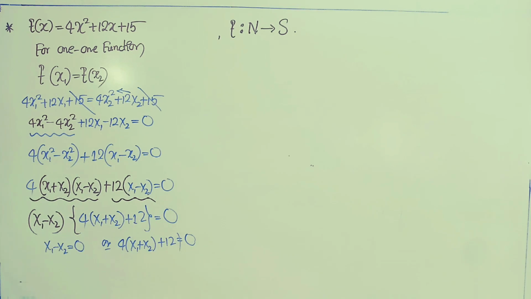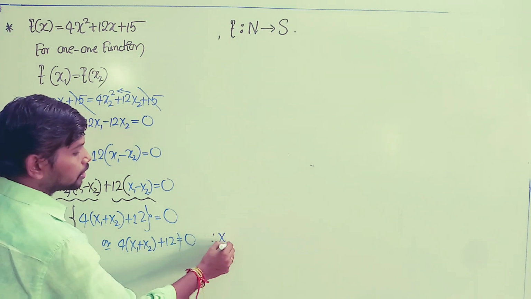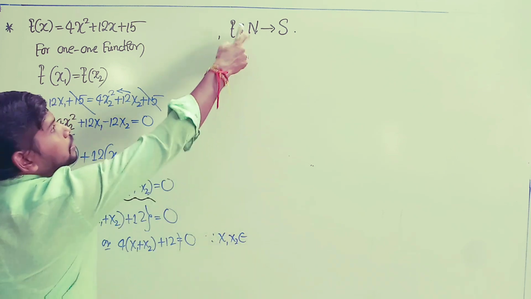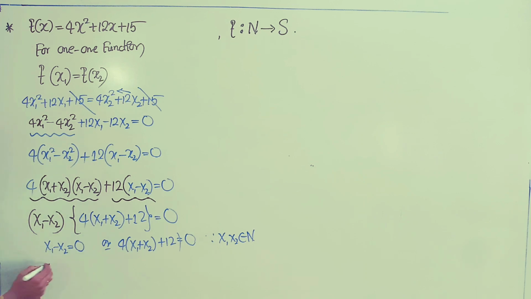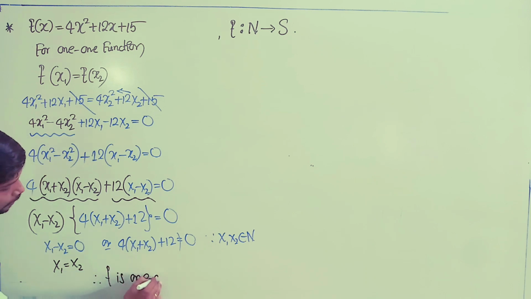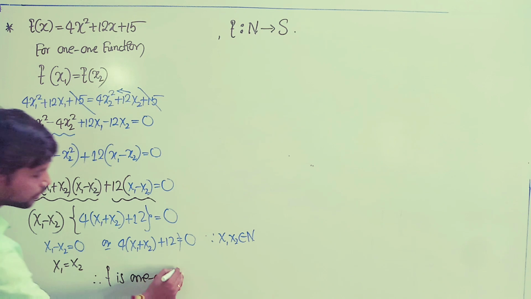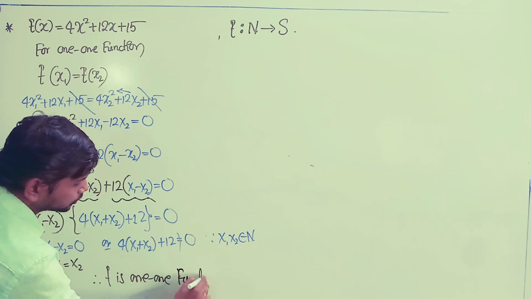This is not equal to 0. Why? Because x1, x2 belong to the natural numbers, and a sum of natural numbers will not give the value 0. Because of that reason, x1 equal to x2. Therefore, f is a 1-1 function. F is what function? F is a 1-to-1 function.